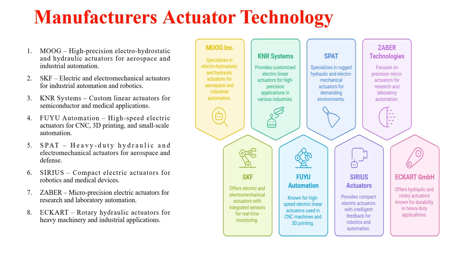Moog provides electro-hydrostatic, hydraulic, and electric actuators, and the industries which use such actuators are aerospace, defense, industrial automation, and medical equipment. Key features of such actuators are high precision motion control solutions, and they are used in aircraft control systems, space exploration, and industrial robotics.